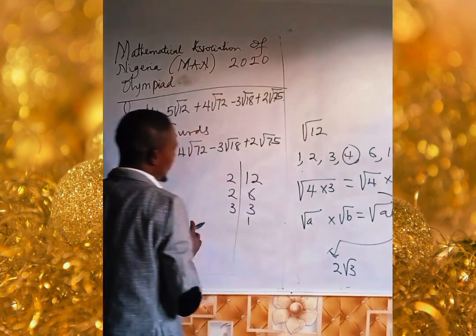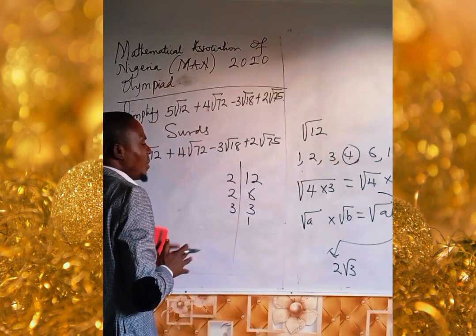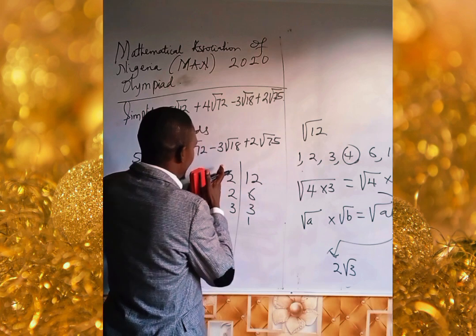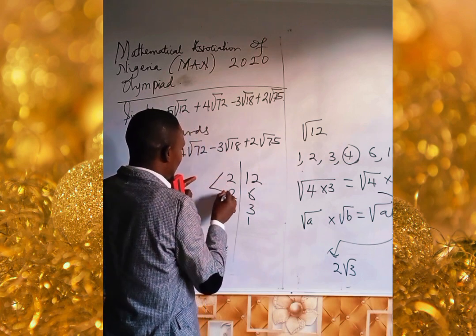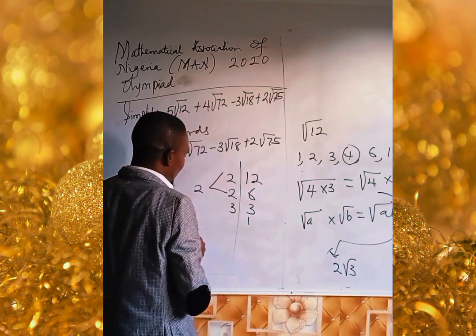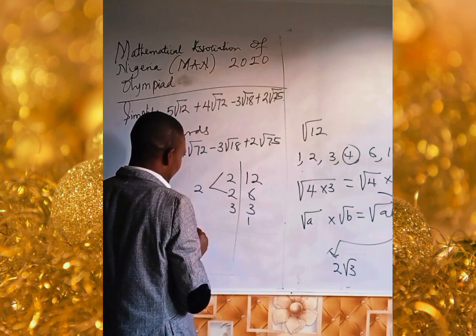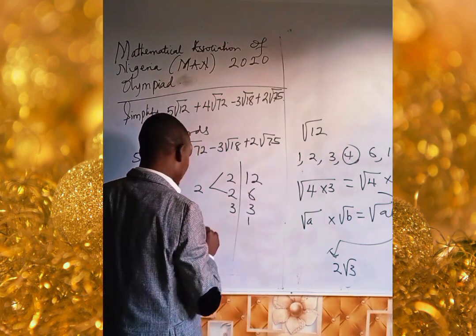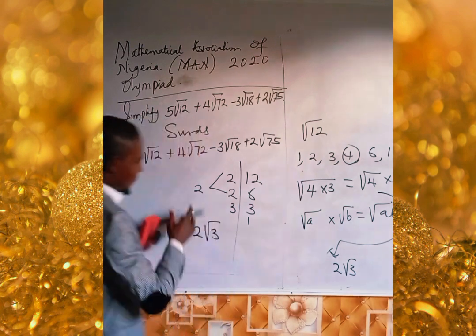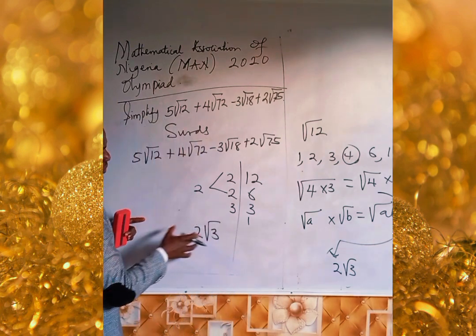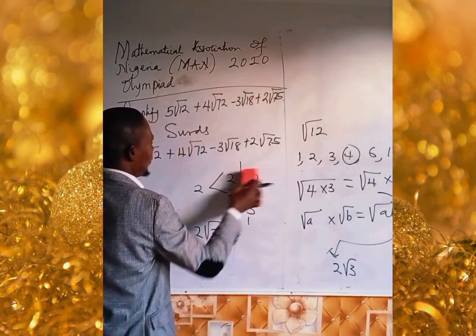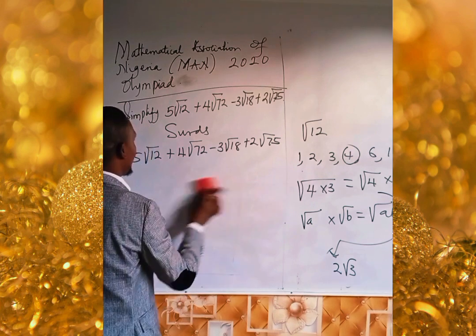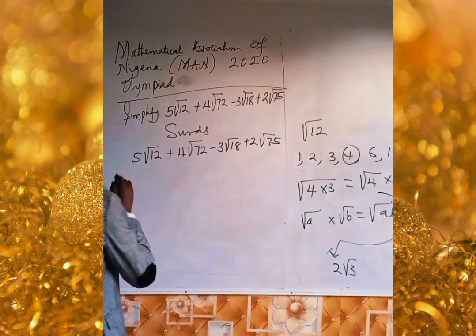Now, which one appears more than once? 2. Group them into 2 and take 1. Did you get it now? The one that appears once, we go with the root. So 2 root 3, 2 root 3. So you can use any of the methods.